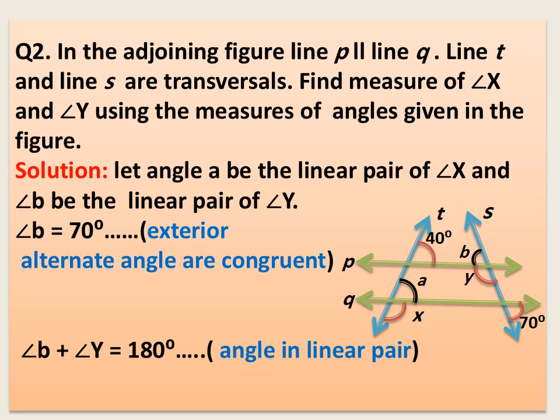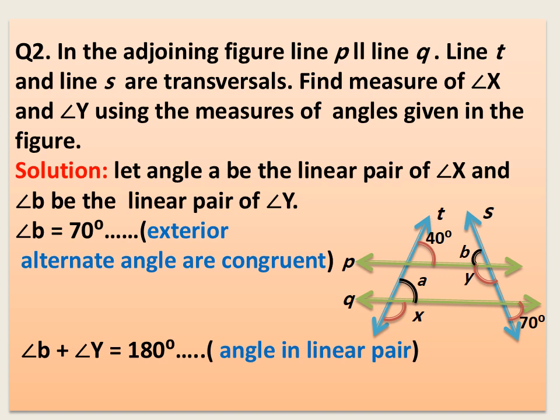Question 2. In the adjoining figure, line P is parallel to line Q, and line T and line S are transversals. Find measure of angle X and measure of angle Y using the measures of angles given in the figure. Solution.